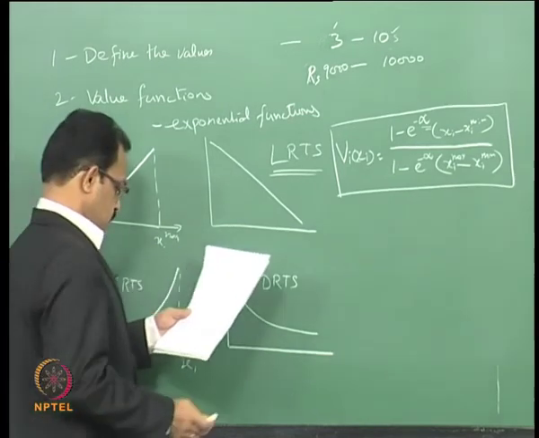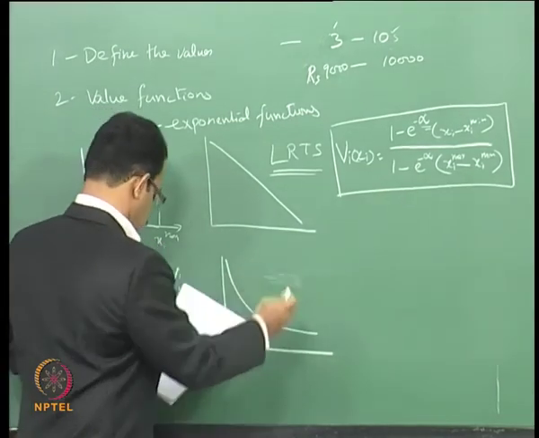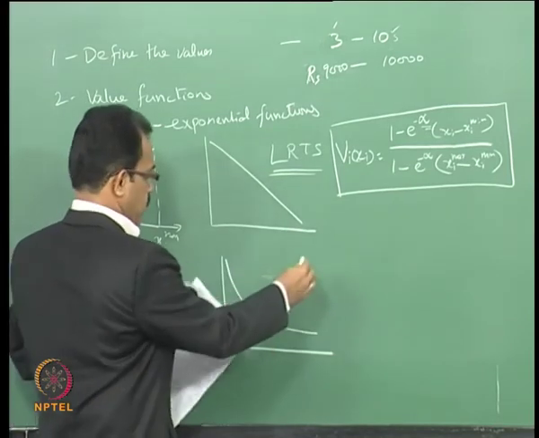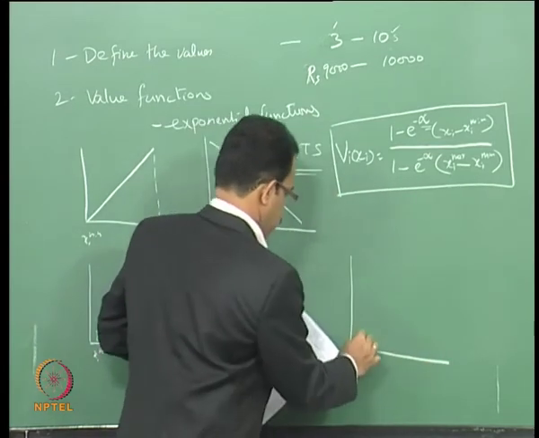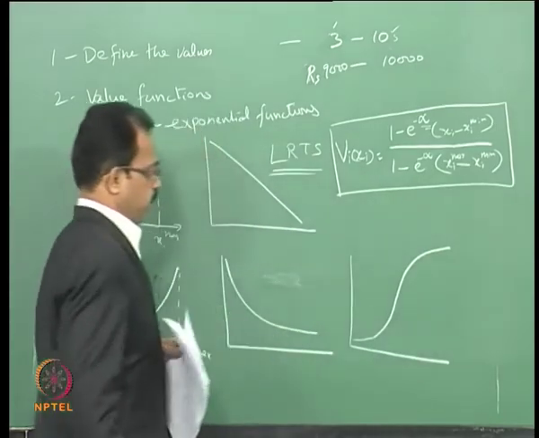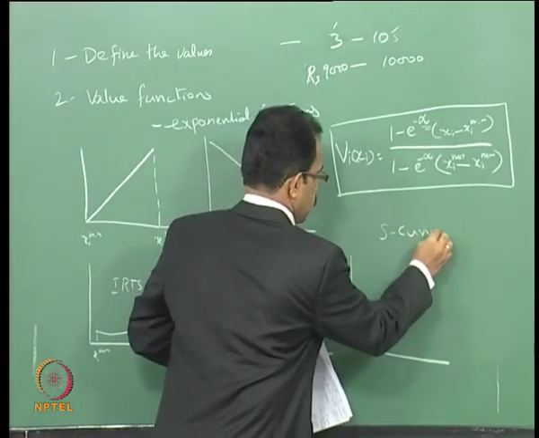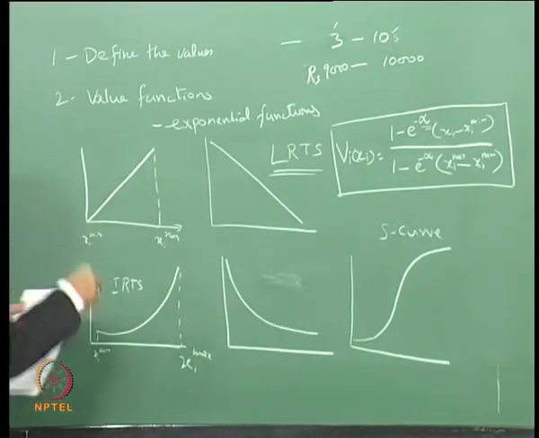S curve. Sorry, this is again increasing return to scale, and you have S curves also. You can have an S curve. So, you can have an increasing and then decreasing return to scale. This is known as S curve. You can have any one of these outputs based on the value of alpha.